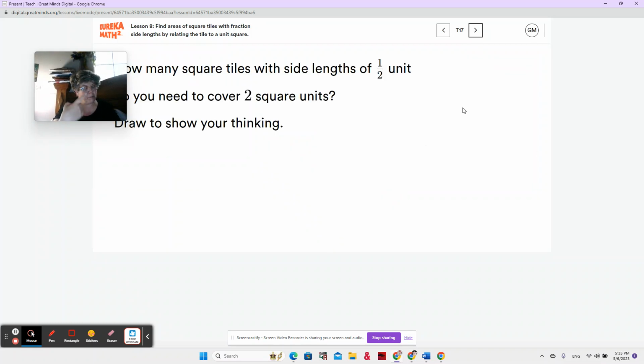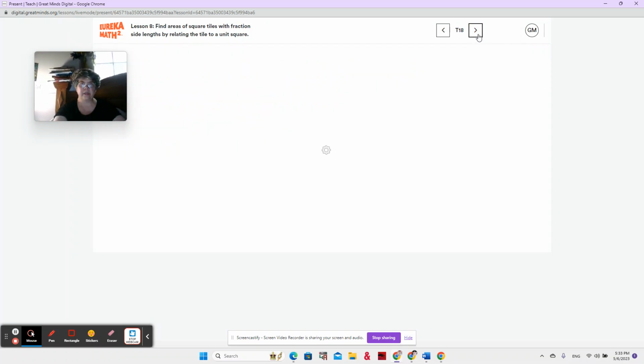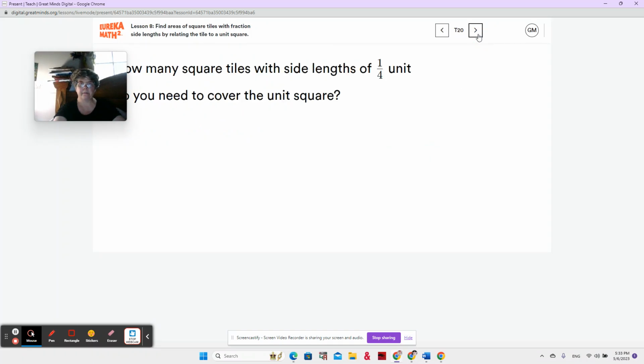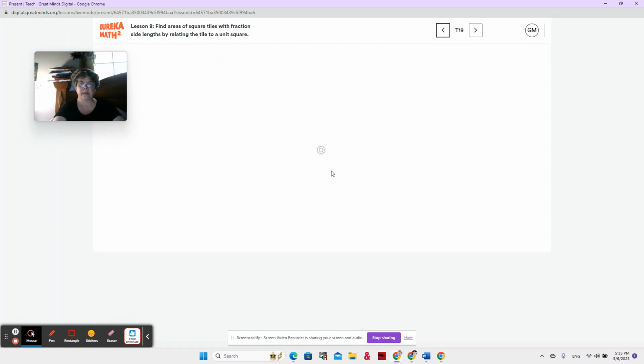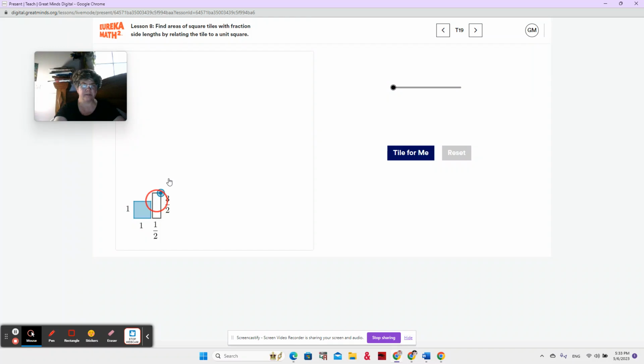Now, would it take more or fewer tiles that have side lengths of 1/3? So if it was 1/3, would it be more or less than 4 to cover it? What do you think about that? Let's see if we can get this to work here for us.